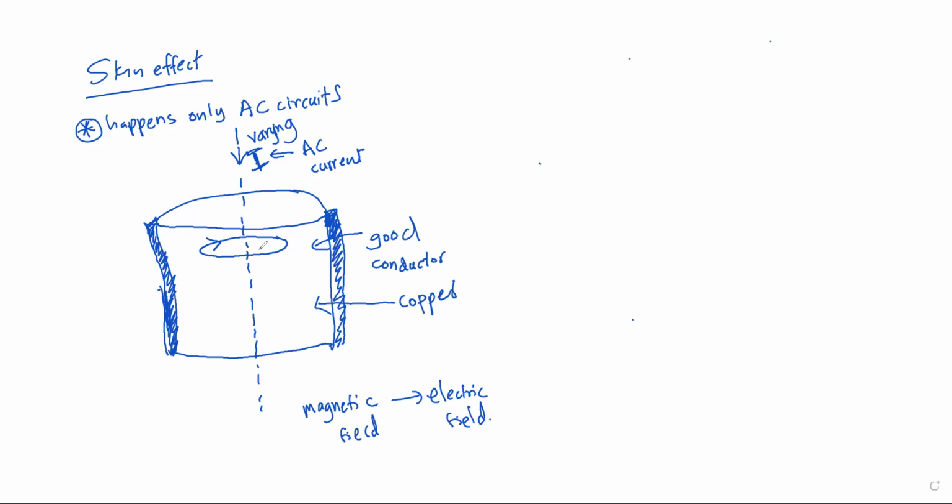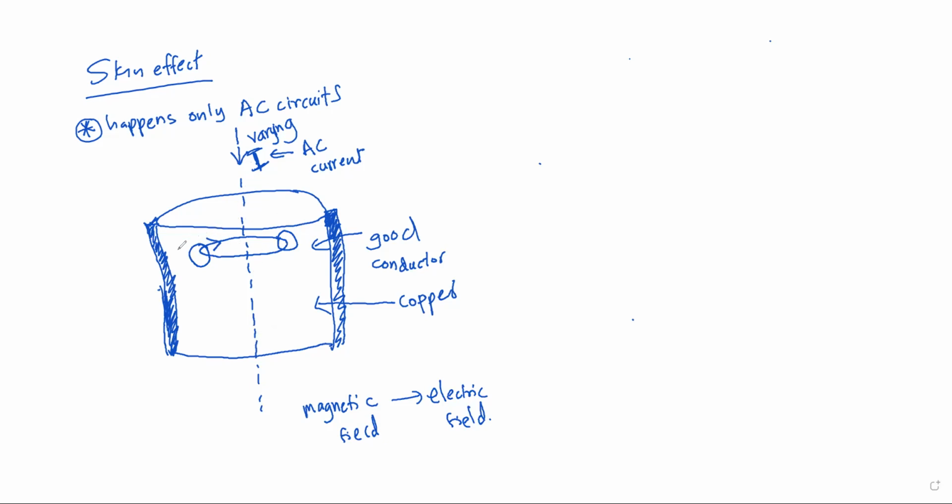Because of the presence of the magnetic field, eddy currents are created around the loops of the magnetic field. Once these eddy currents occur, they cancel out the actual AC current that is going inside this conductor.